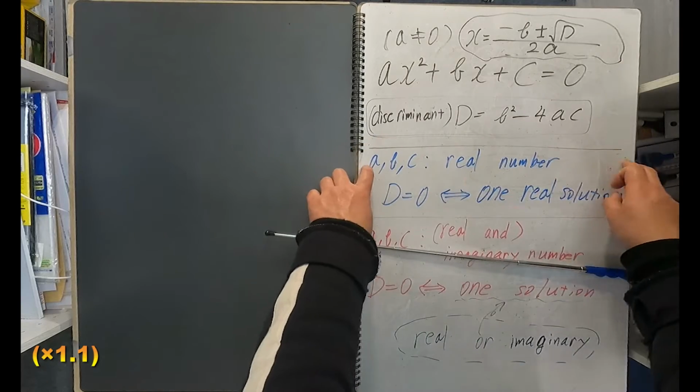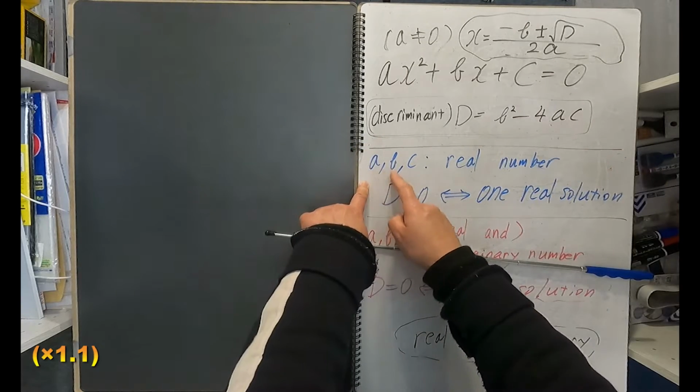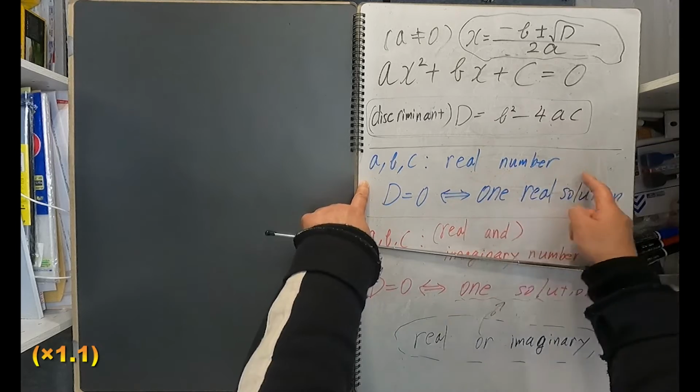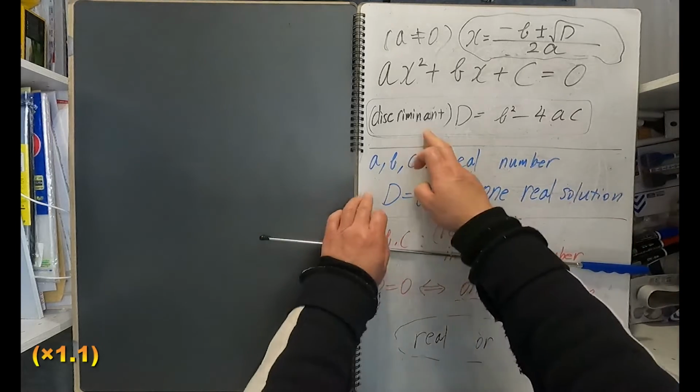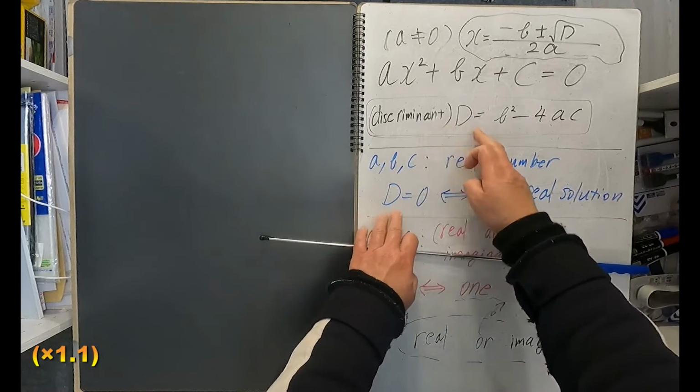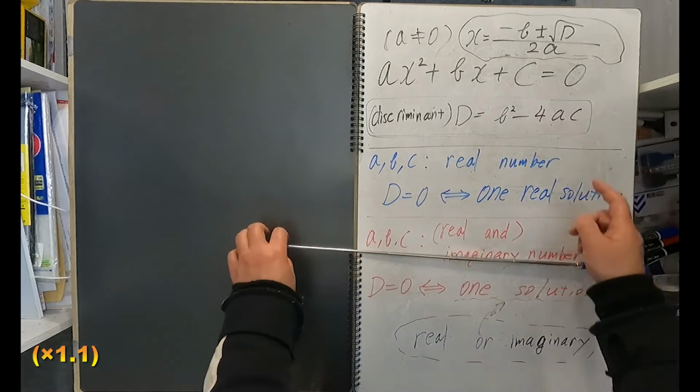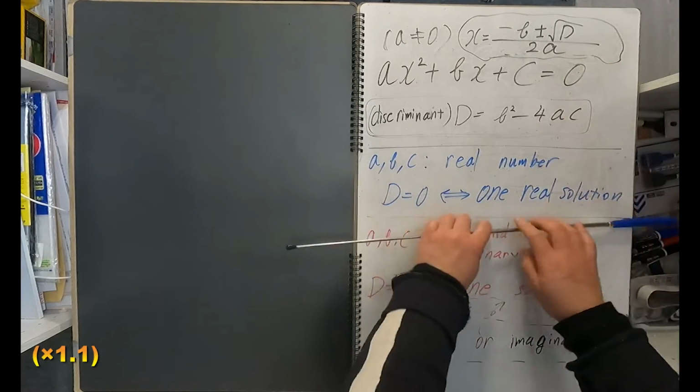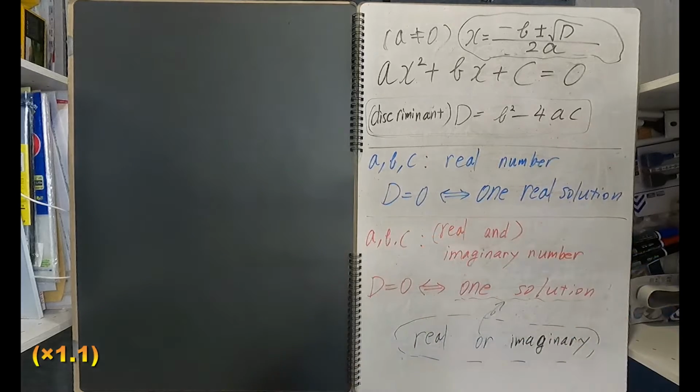The normal case is like this: coefficients a, b, and c are real numbers. In this case, if the discriminant is 0, this equation has only one real solution.